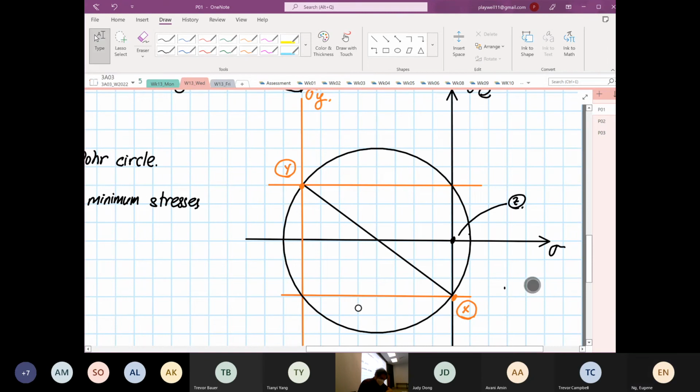Okay. So knowing that point Z is here, we are aware that one of the circles is here, right? And then we are aware that the other circle is over here.